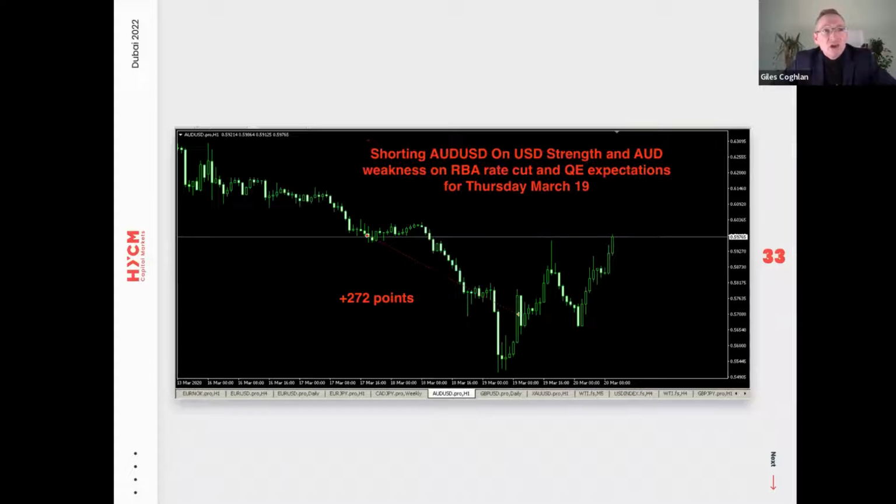Similarly, the Aussie dollar, when the Reserve Bank of Australia cut interest rates, and then there was expectations that they were going to embark upon quantitative easing for Thursday, March 19th. So there was a good example where I could expect the Australian dollar to be sold off into the meeting because of the expectations.